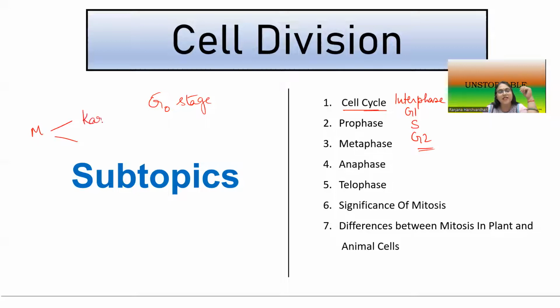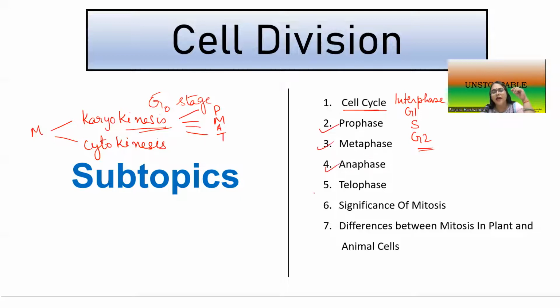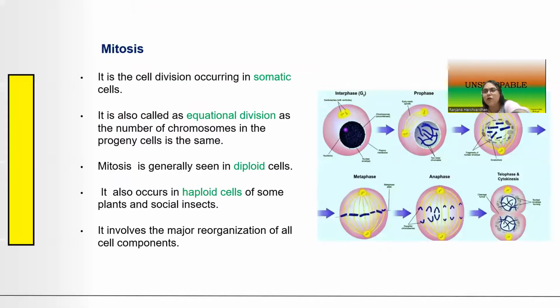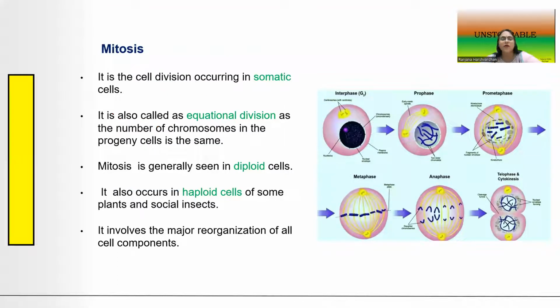That's karyokinesis, that is the division of the nucleus, and cytokinesis, that is the division of the cytoplasm. Now this karyokinesis, the division of the nucleus, is divided into PMAT. So we are going to take up these events of the karyokinesis in today's class, beginning with the process of karyokinesis, children.